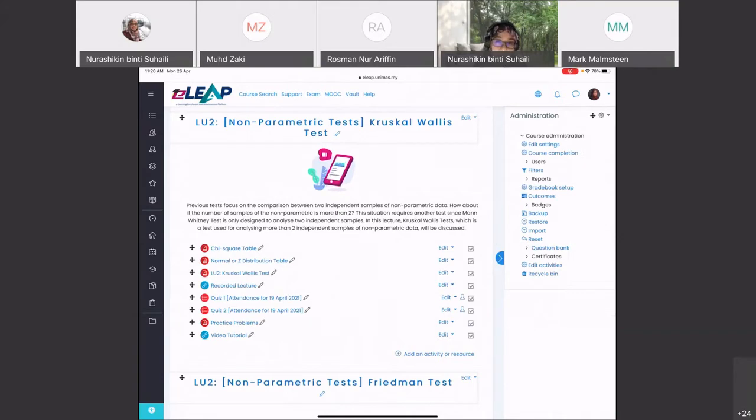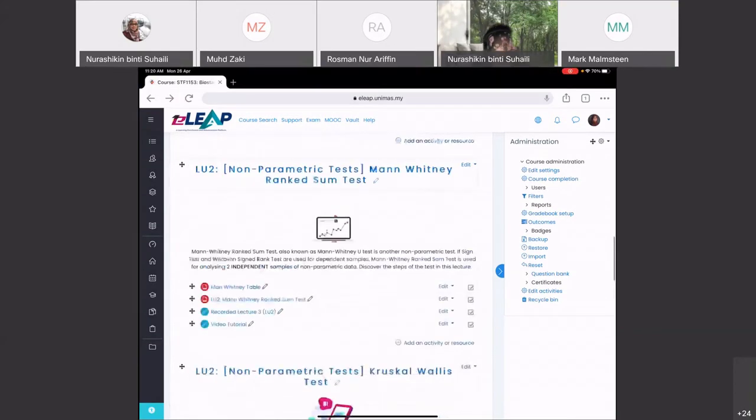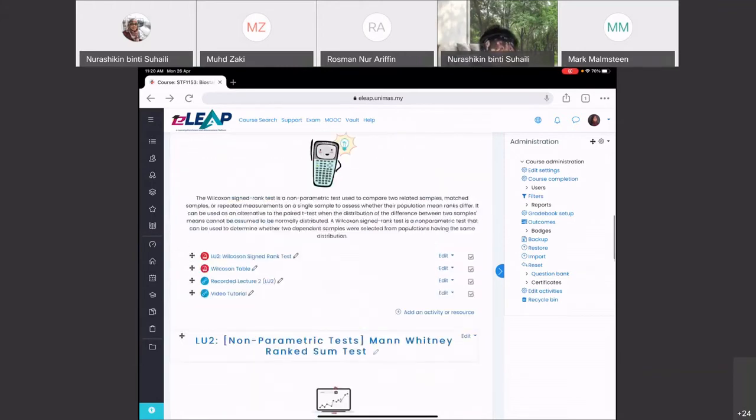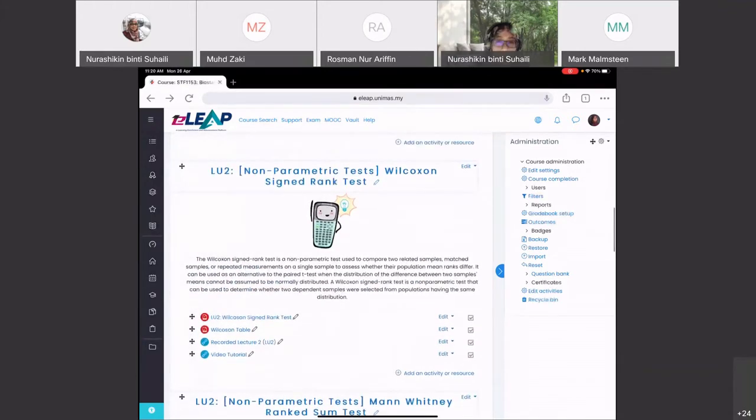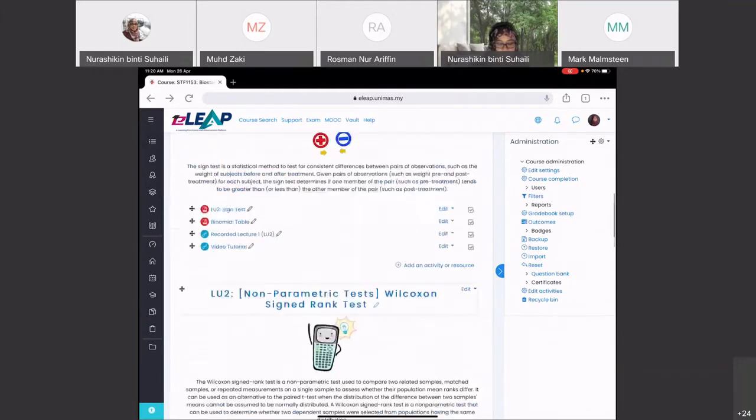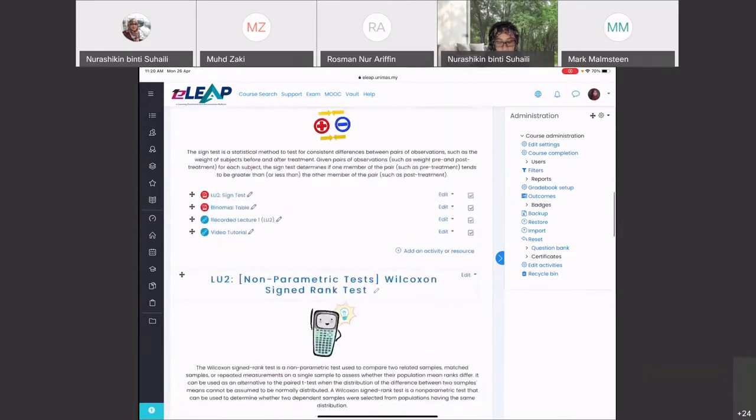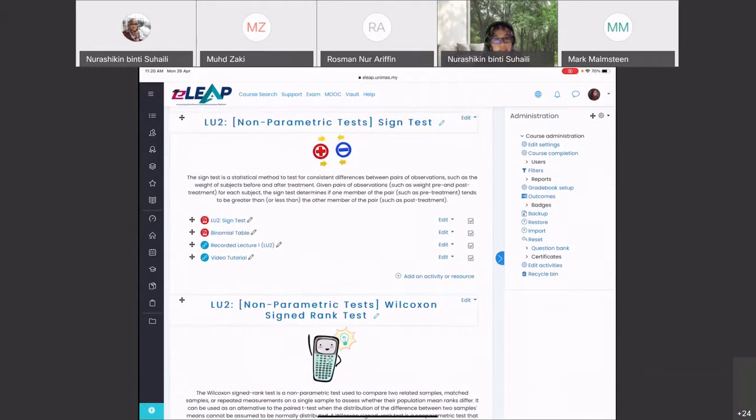So before that, we have the Mann-Whitney rank sum test, which is designed to analyze non-parametric data with two independent samples. If we go to the weeks before that, we have the Wilcoxon signed rank test and also the sign test. These two tests are for analyzing non-parametric data that are dependent.